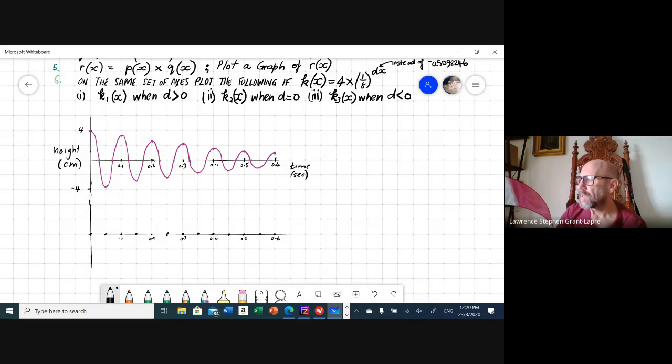And it would have been approximately the same amplitudes. And we're losing height each time. This is a negative graph, so it's a negative slope.